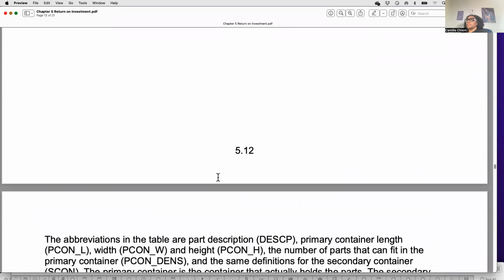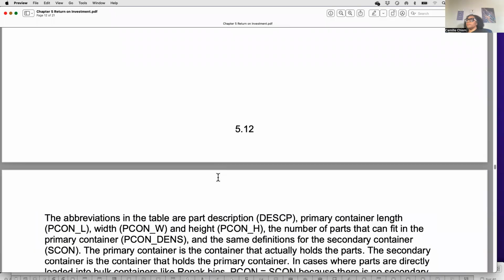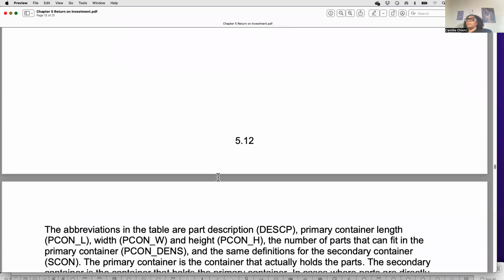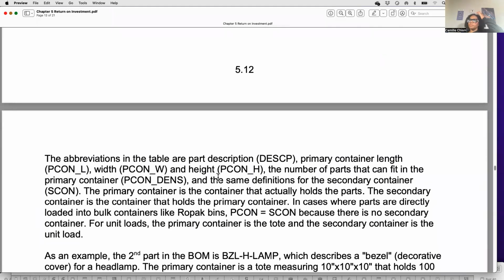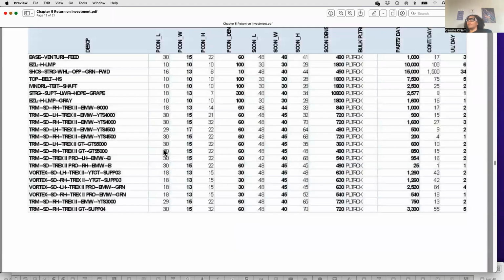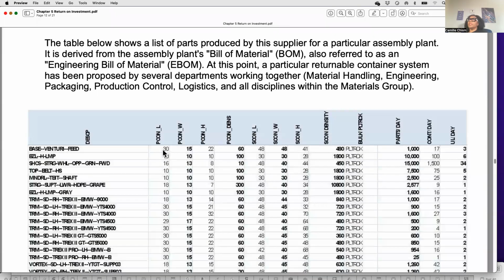And then you've got the density. And the P is for the primary container. And then you've got the secondary container. So for this, for example, this could be a tray or a bin. This could be an outer box.